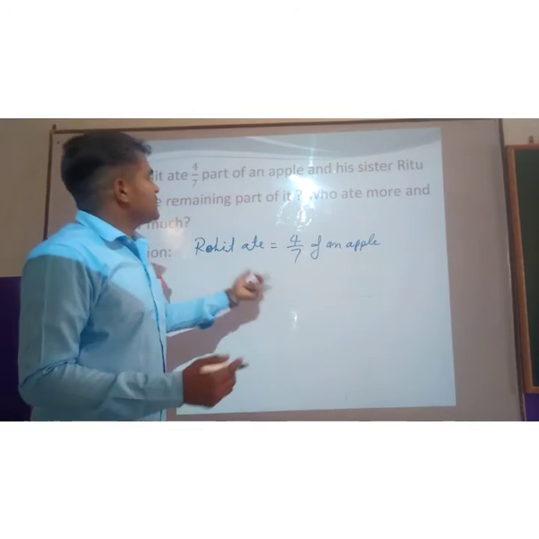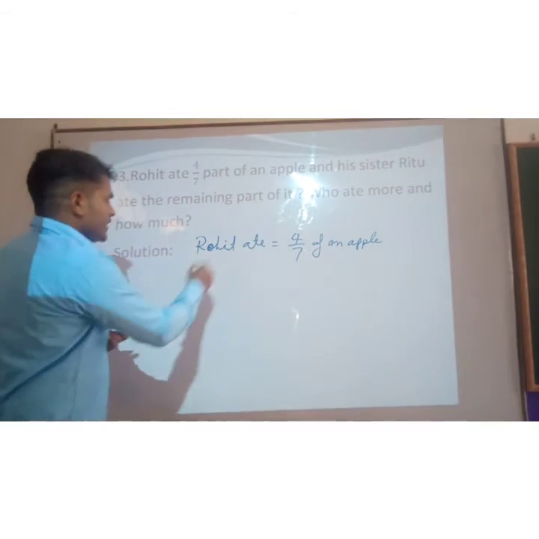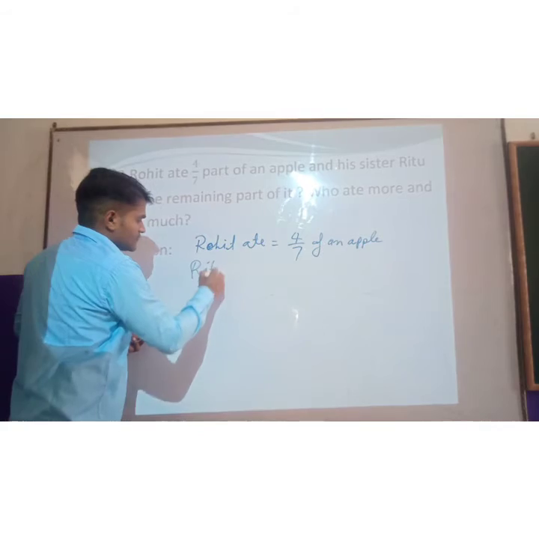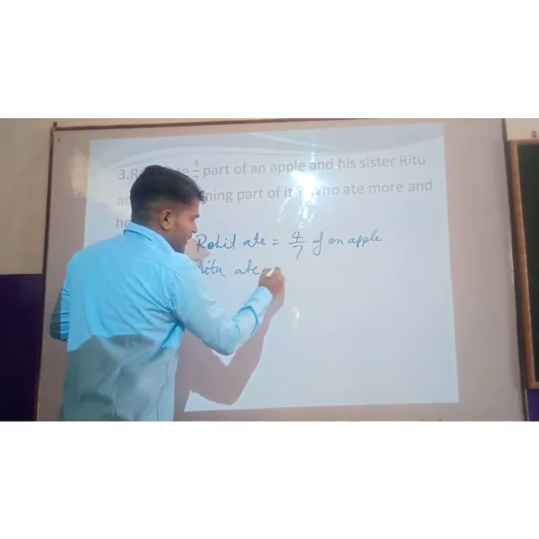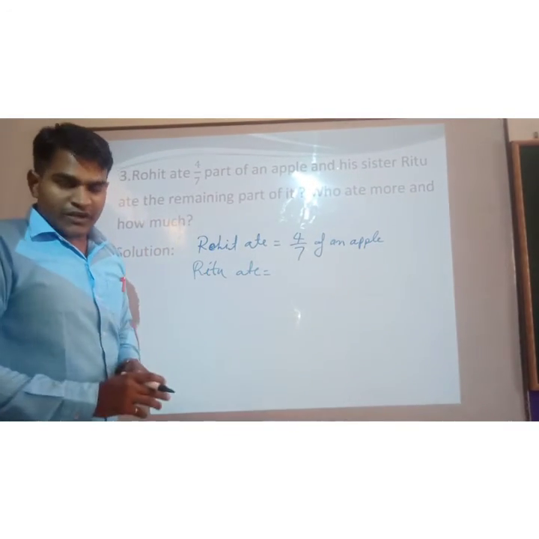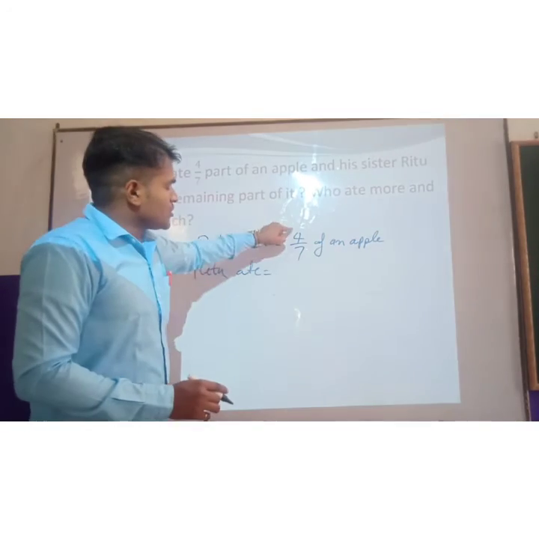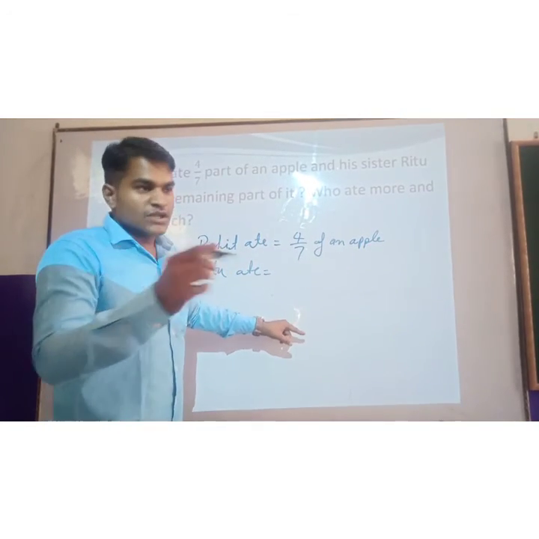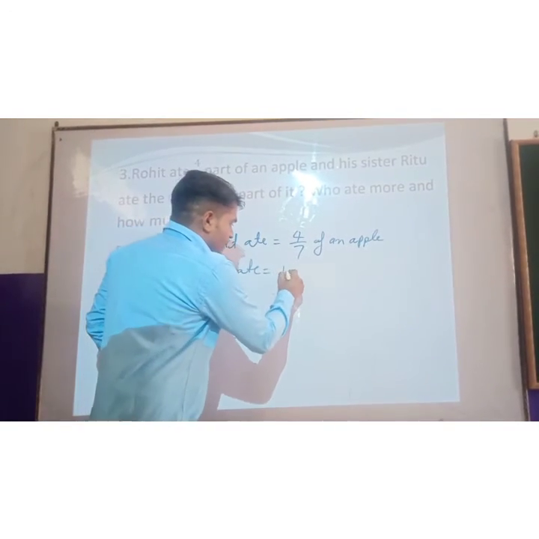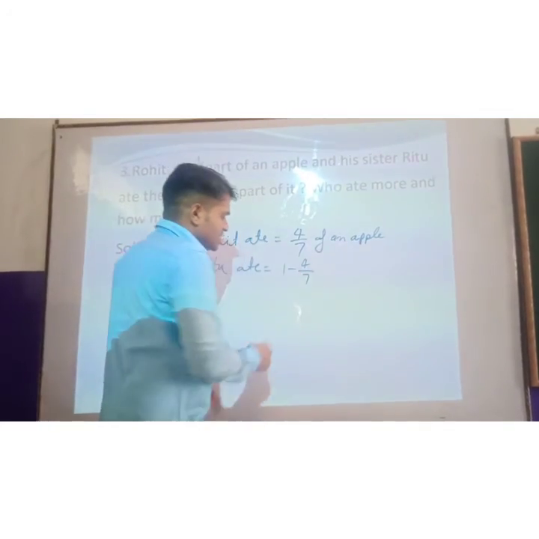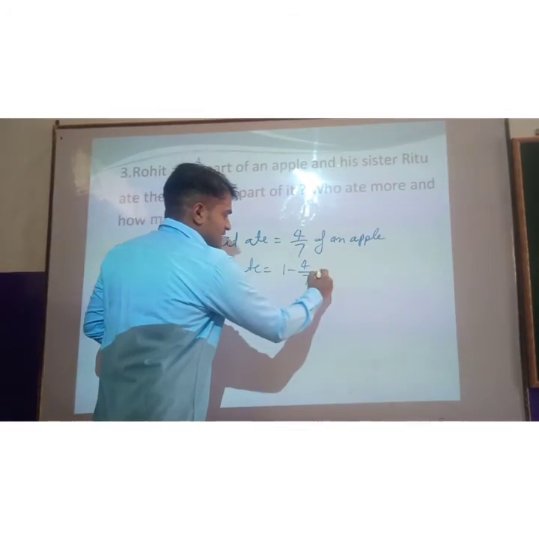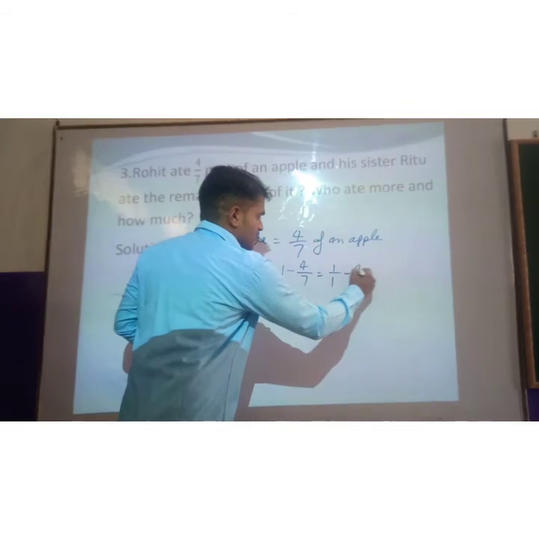Okay, an apple means 1 apple is there. So Ritu ate the remaining part. If Rohit ate 4 upon 7 of 1, Ritu ate 1 minus 4 upon 7. We may write 1 as 1 upon 1, minus 4 upon 7.